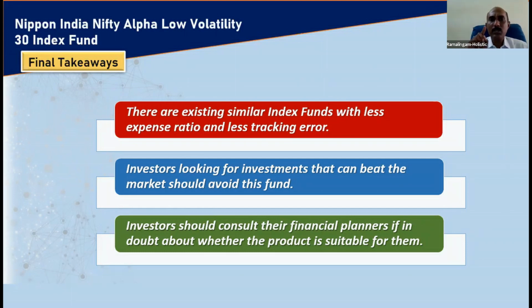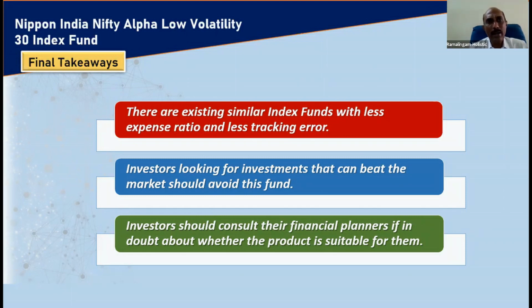In that financial plan roadmap, in those financial goals, that investment objective, whether this fund is a good fit or not, he'll be able to decide. Also, based on your risk appetite, risk profiling, and risk-taking capacity, he'll be able to decide whether this fund will fit in your portfolio or not. Also, one more thing you can ask your financial planner is, you already have a set of mutual fund portfolio, and you also have a direct stocks portfolio.